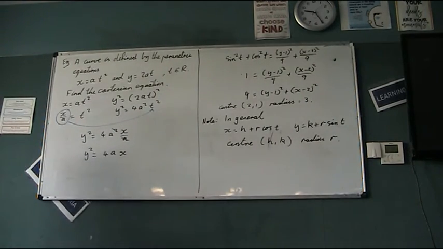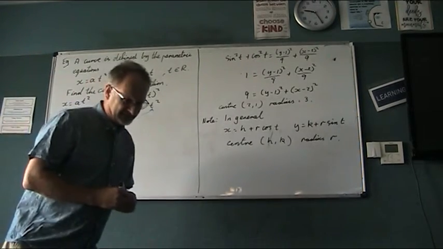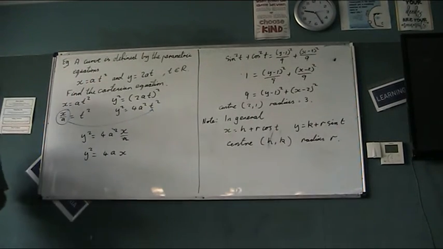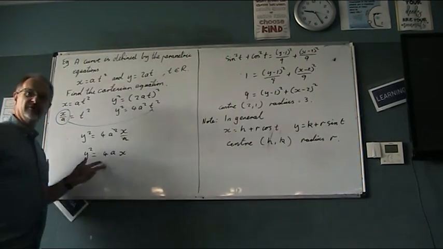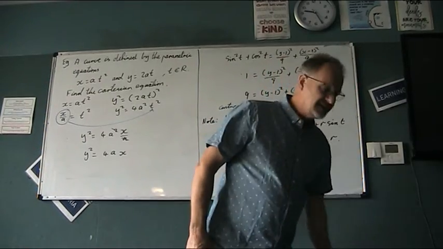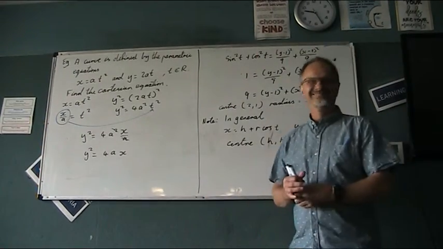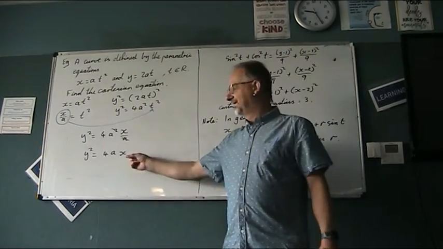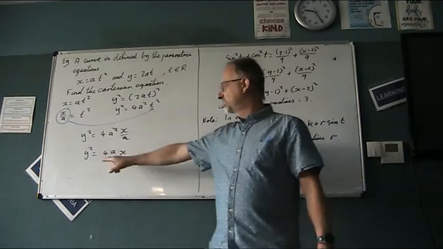Is that correct? Yep. And so there's our Cartesian equation. You want to know what that represents? Sideways parabola. Oh yes, it's y squared. Because it's y squared, yeah.